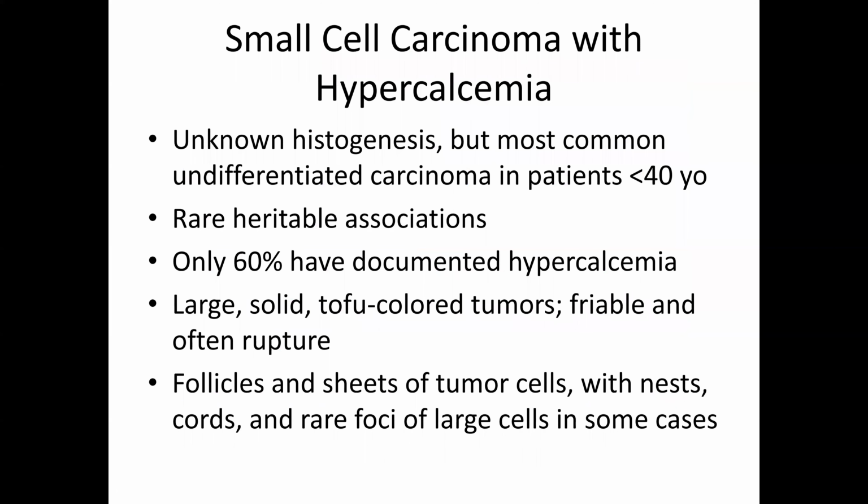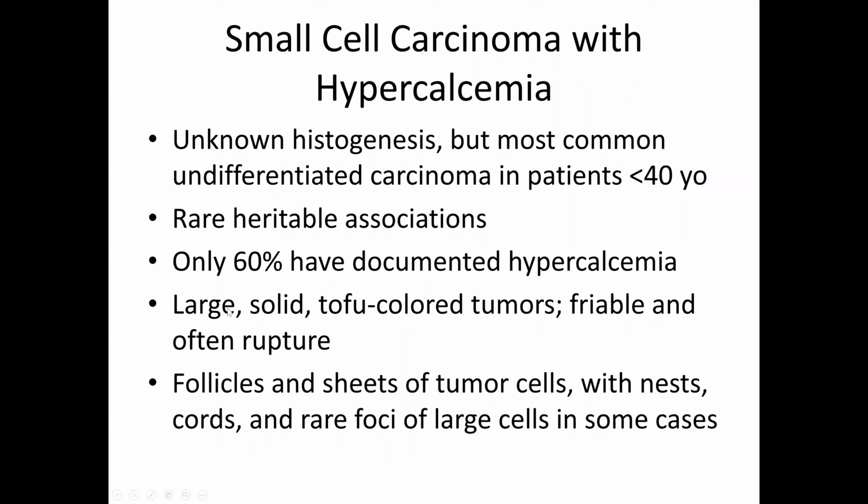So let's spend some time here on the small cell carcinoma with hypercalcemia. We don't know the histogenic origin of this, but it is a fairly common undifferentiated carcinoma in younger patients. There have been some heritable associations. It was recognized when we detected these patients with hypercalcemia.